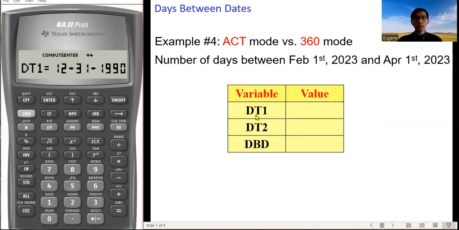So DT1, 2.0123, February the 1st, 2023, and DT2, 4.0123, April the 1st, 2023.